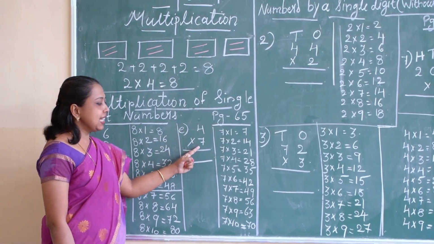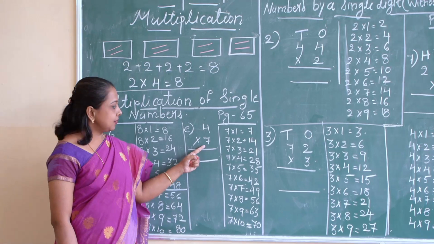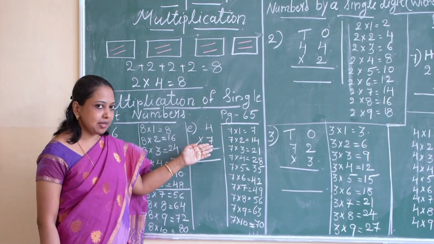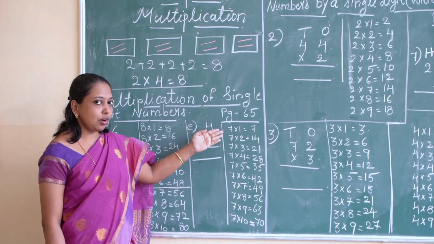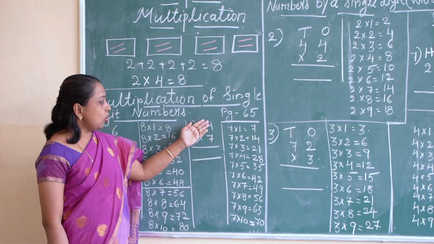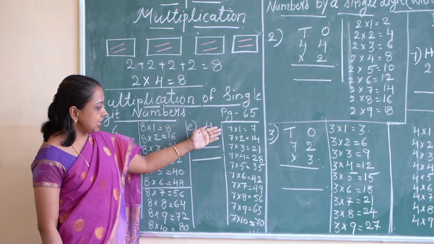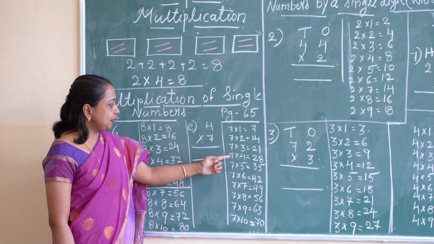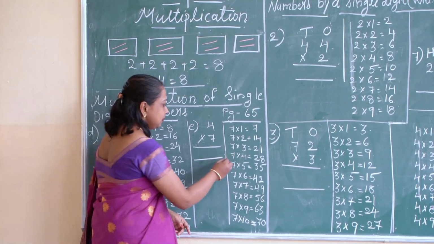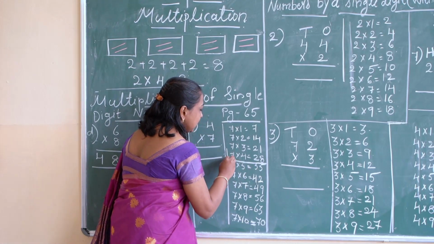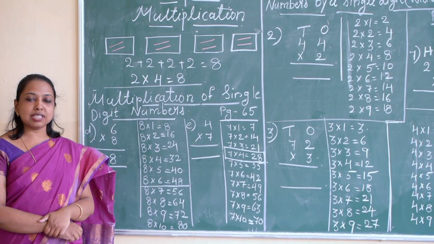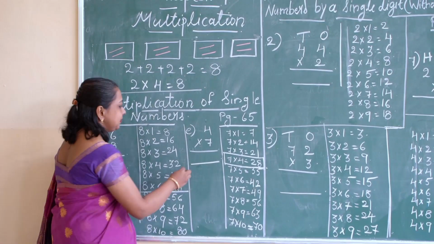4 multiplied by 7. Here 7 is the multiplier, so we can use the table of 7. Remember the table of 7. From the table I got, 7 4s are 28.